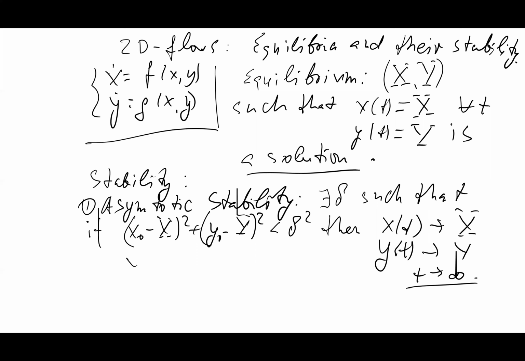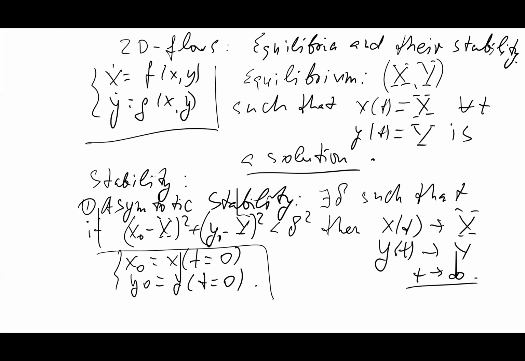Here x naught is the initial value of x, and y naught is the initial value of y. So these are initial conditions.